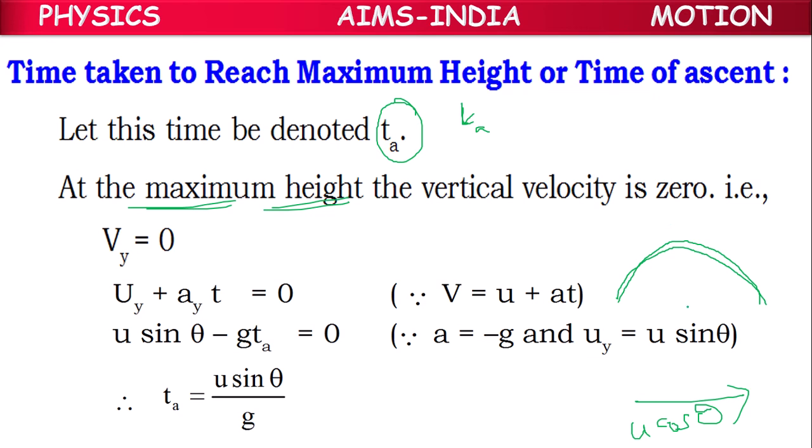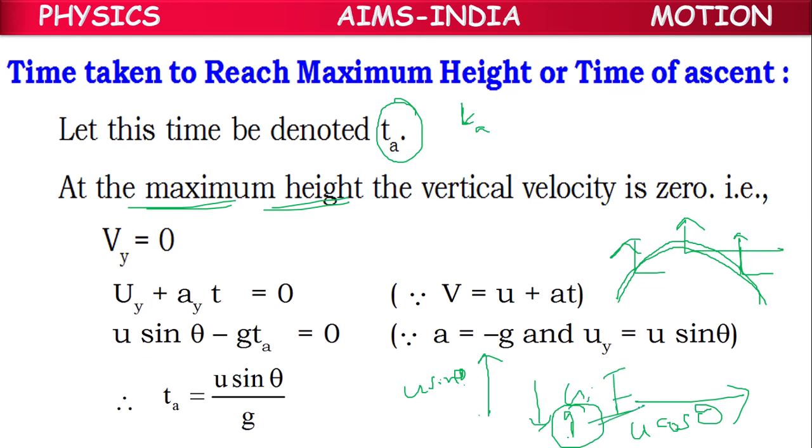But the vertical component of velocity, u sin theta, will always be affected by acceleration due to gravity g, because of gravitational force.